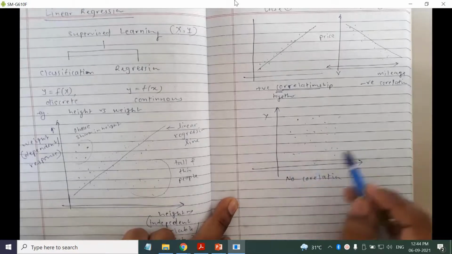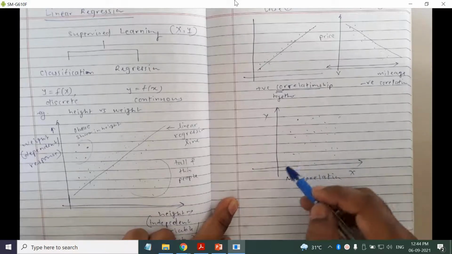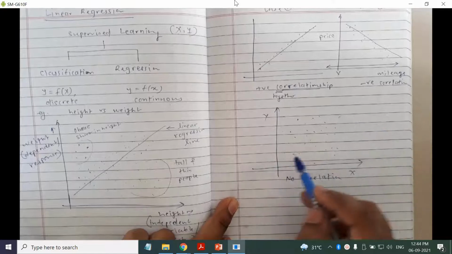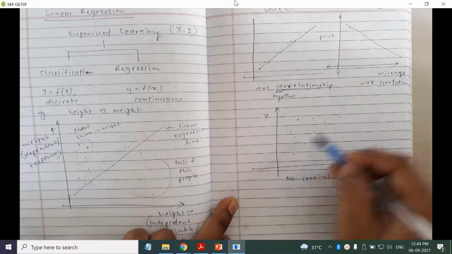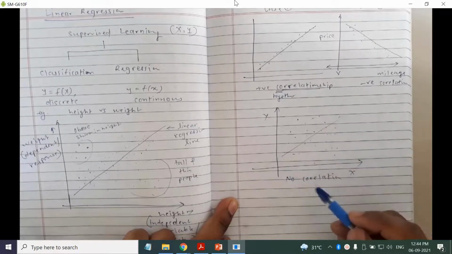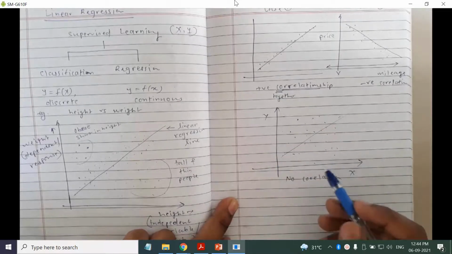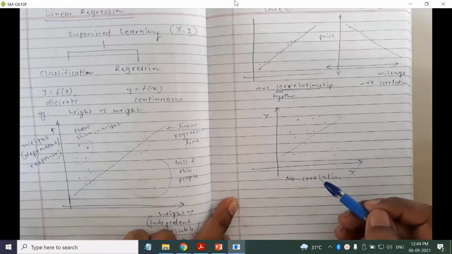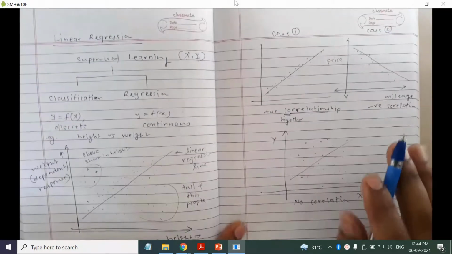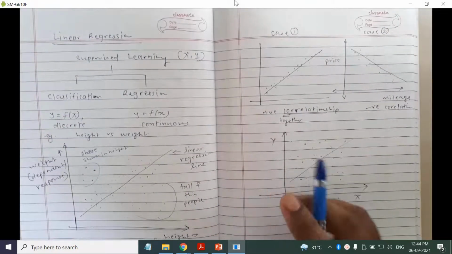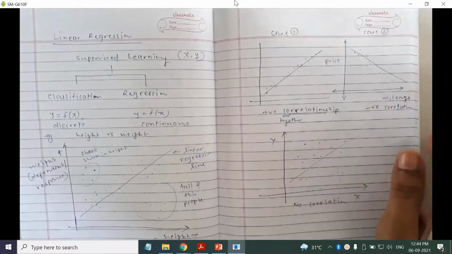Now you cannot find a perfect line that best fits this data. You can come up with any line, but that is not a good indicator of the relationship between x and y, because there is no relation at all, right? So the primary requirement of linear regression is that there should be some relationship between the variables.